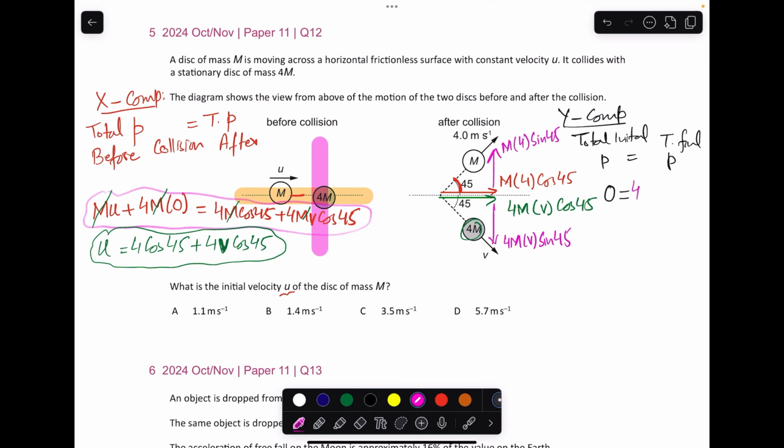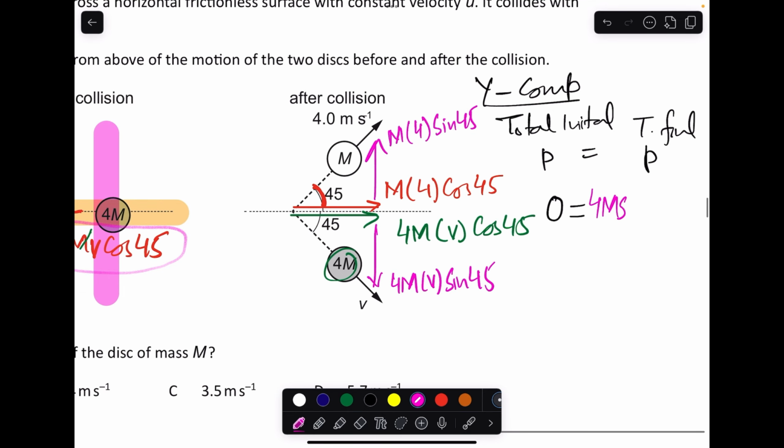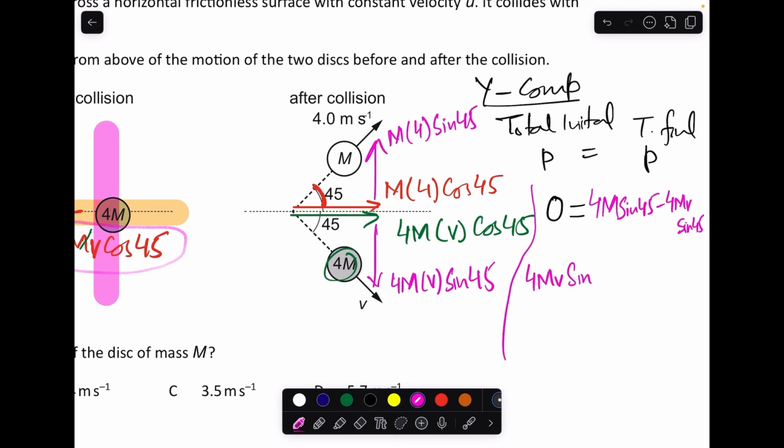So it will be 4m sine 45 minus 4mv sine 45. You can take this thing on the other side, it will give you 4mv sine 45 equals 4m sine 45. This 4 will be cancelled, this m will be cancelled, this sine 45 will be cancelled. So you're only left with v, and on the right side will be 1. So v is 1 meter per second.